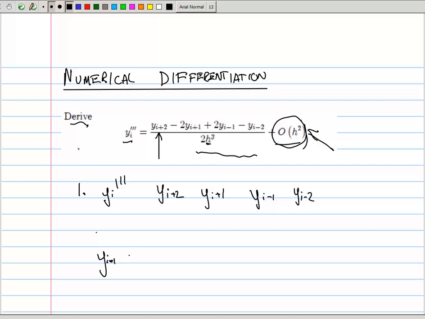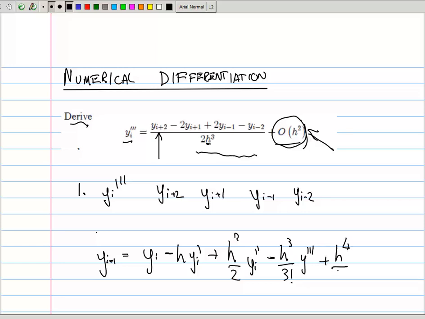So y_i minus 1, we land up with y_i minus h y_i prime plus h squared over 2 y_i prime prime. Remember that because we're dividing by the factorial, and then we'll have minus h cubed over 3 factorial y to the third prime plus h to the 4 over 4 factorial y to the fourth prime. And that would continue on.